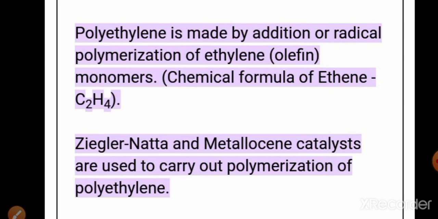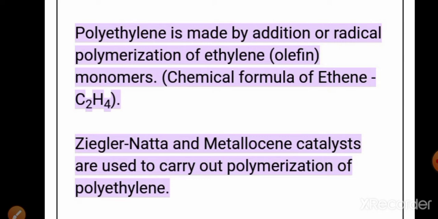You already know polyethylene. It is made from a monomer, ethylene. A large number of ethylene monomers combine with each other to form a long chain structure of polyethylene. Polyethylene undergoes addition or radical polymerization of ethylene, also known as olefin polymerization.